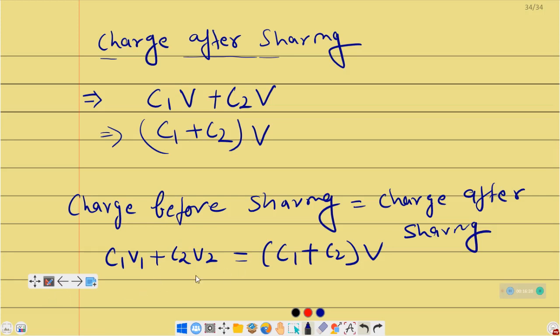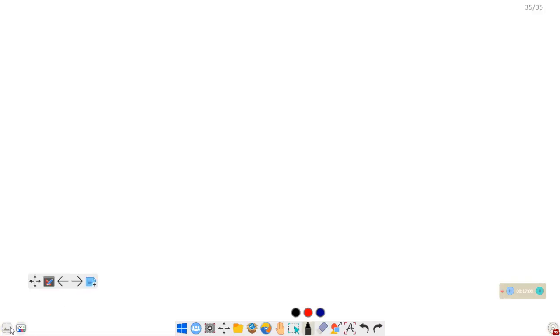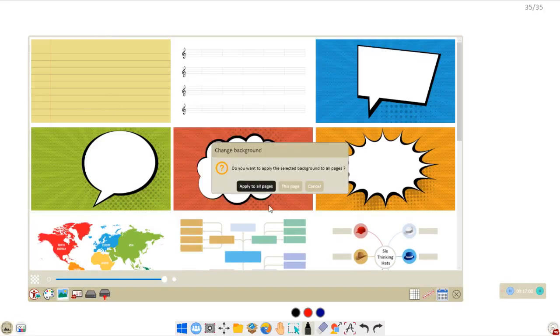Now from here, V is the common potential. So V will be C1 V1 plus C2 V2 upon C1 plus C2, and this is the common potential. So basically, what is the common potential?